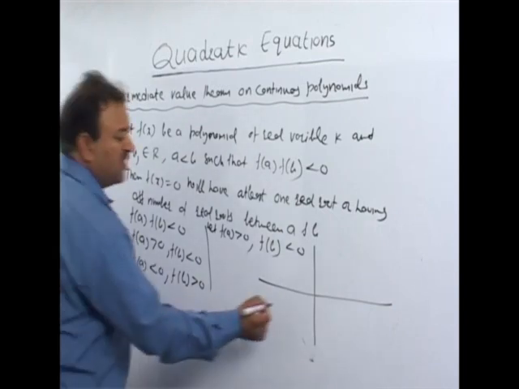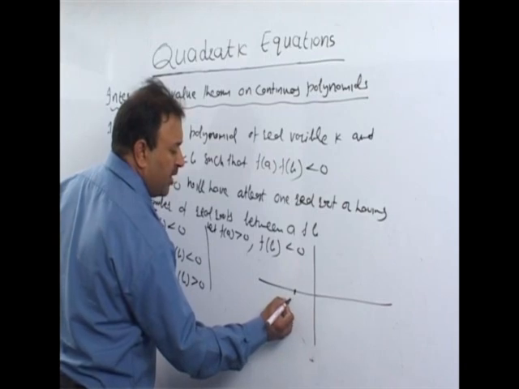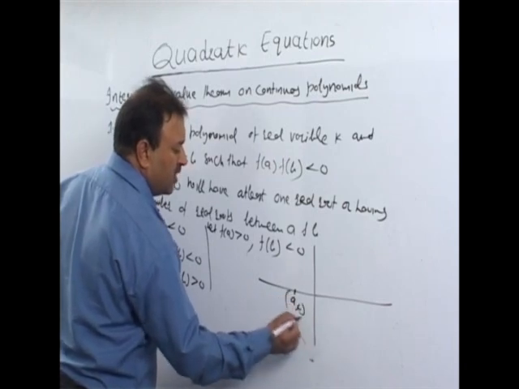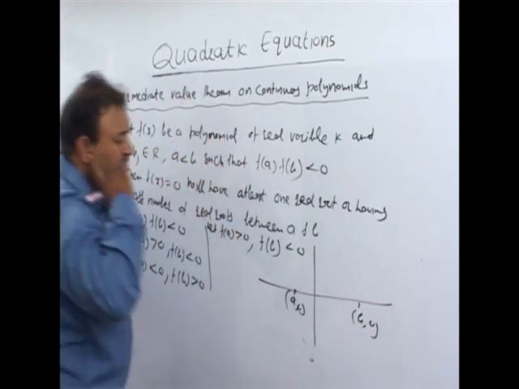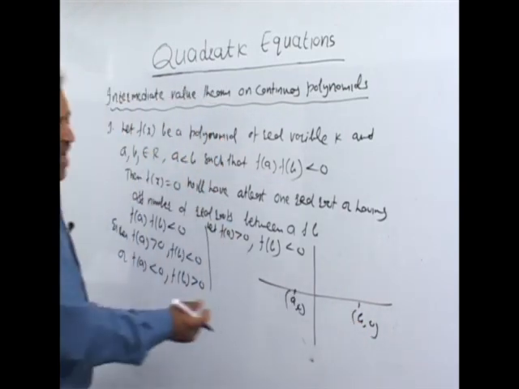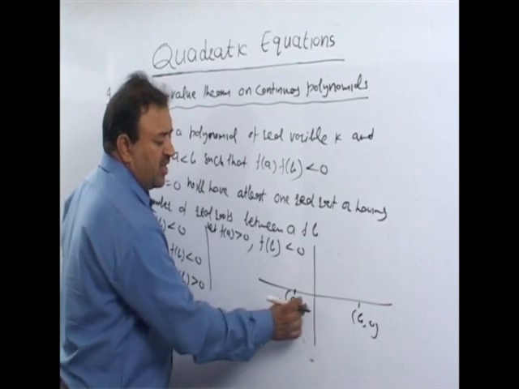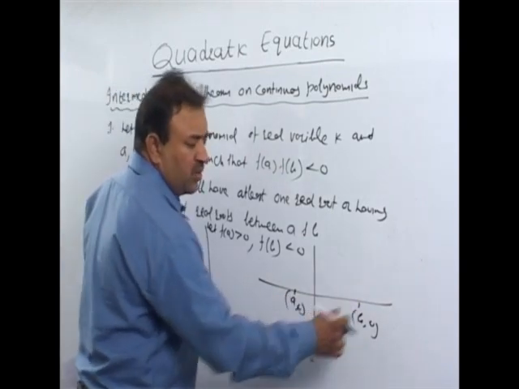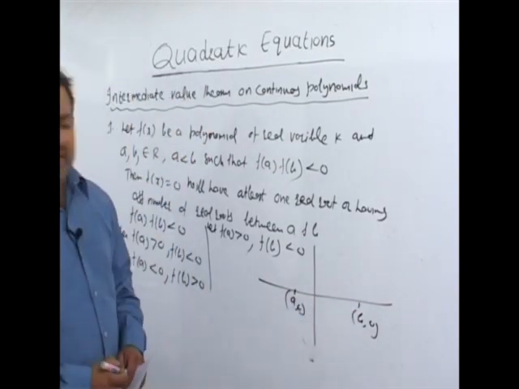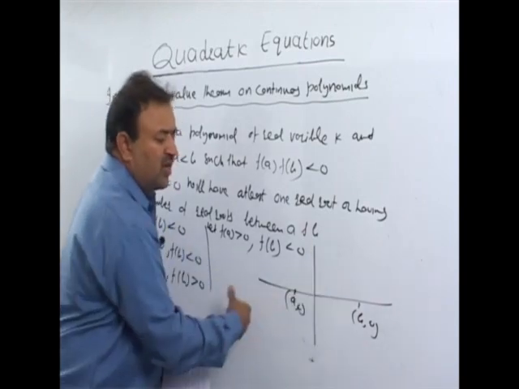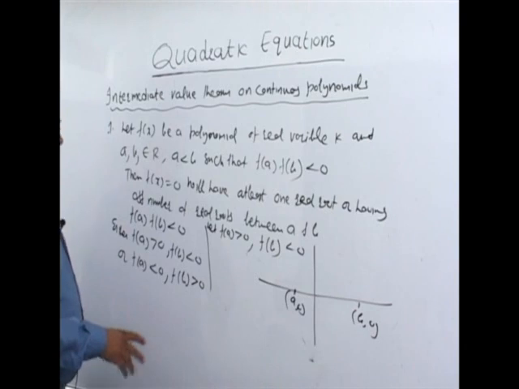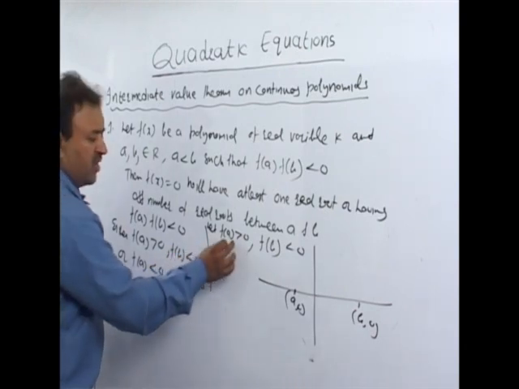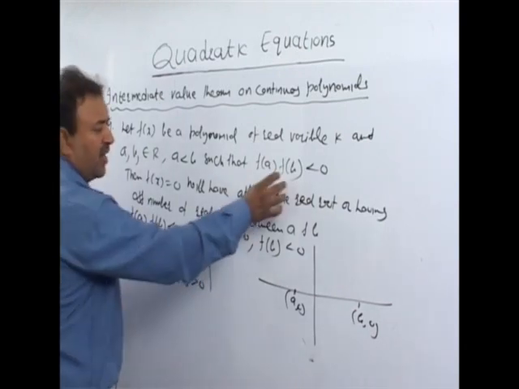I take x equals a; this point (a, 0) is on the x-axis. This point (b, 0) is also on the x-axis. I have taken a on the left side of the y-axis and b on the right side. Elsewhere I can take both points on the left-hand side of the y-axis or the right side.